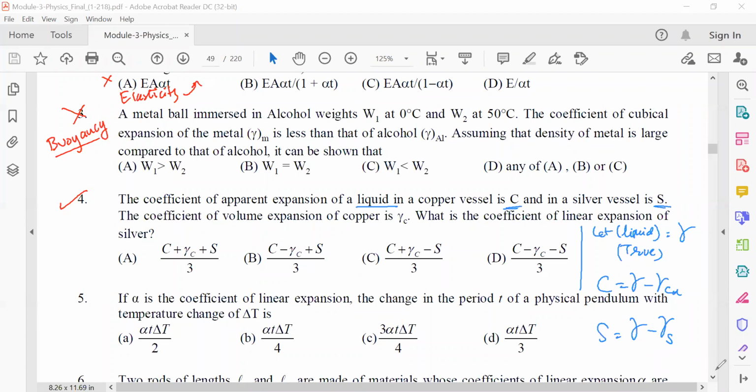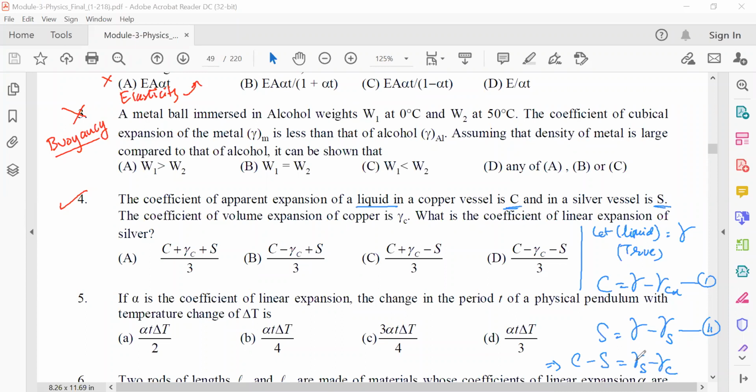Okay, so from this we have to find out the coefficient of linear expansion of silver. So this is equation 1, this is equation 2. So from equations 1 and 2 you can see that C minus S is equal to gamma for silver minus gamma for copper.